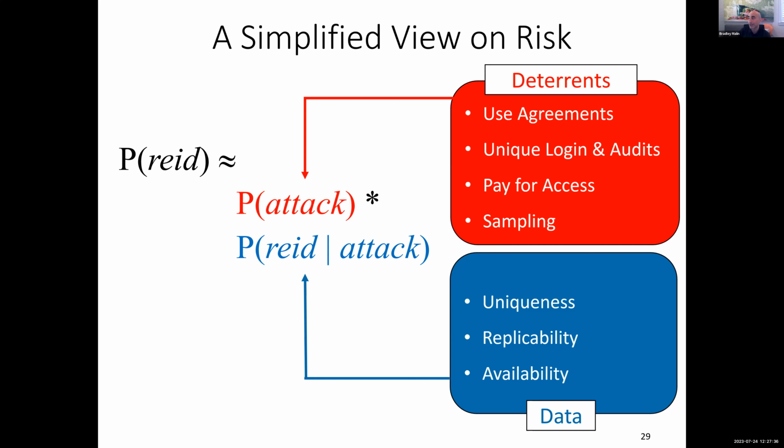And there's an expectation that if you're not really meant to be here, pay for access is going to help people not misuse the system, right? You could also do downsampling. It says I don't give you data on the entire population, and so therefore you might not be able to determine if somebody's truly unique in that population, or if they're just unique in the sample that I've given you. But there are all different types of additional deterrents that you can use.